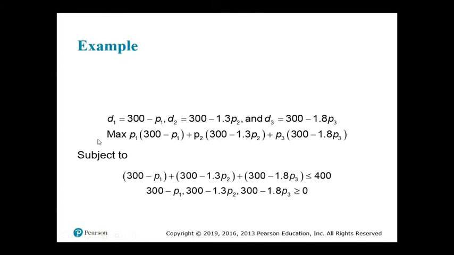And we're maximizing the total profit subject to the demand being less than capacity and all the demands being greater than 0. Now, once this is established, this can be solved in Excel exactly the same way as what we did before.